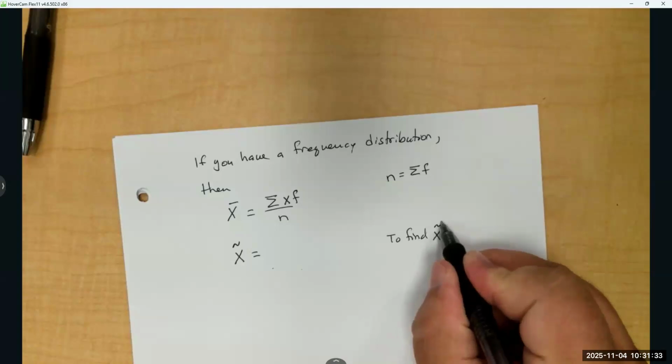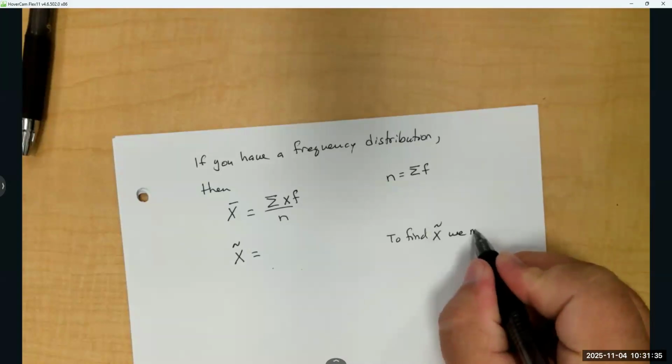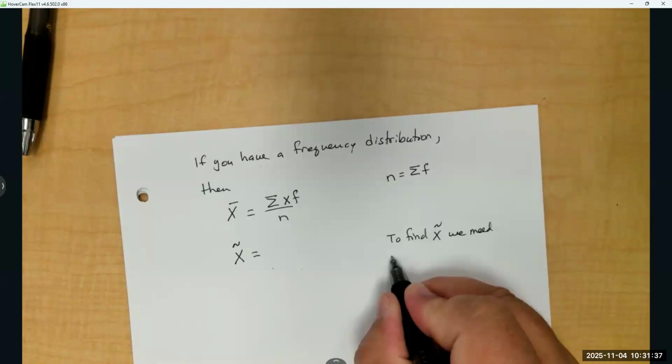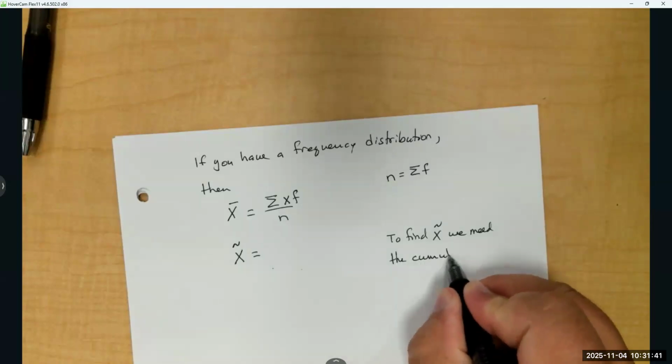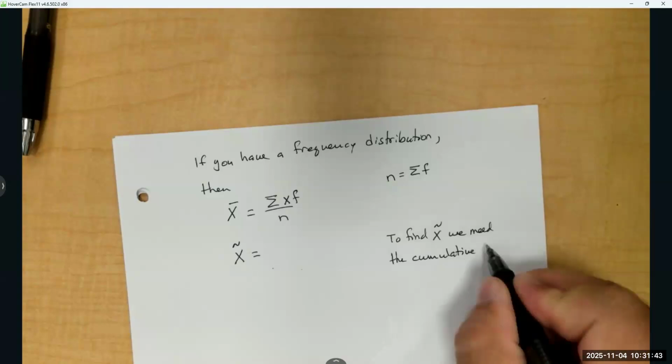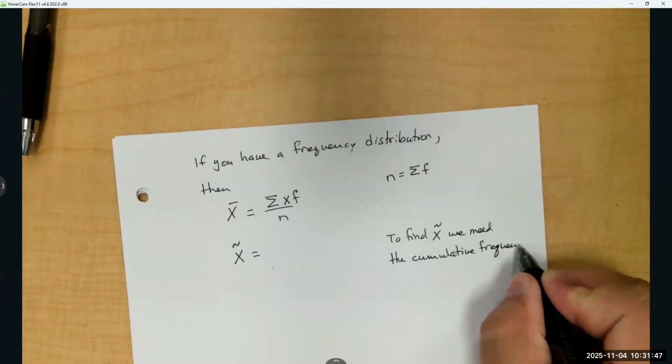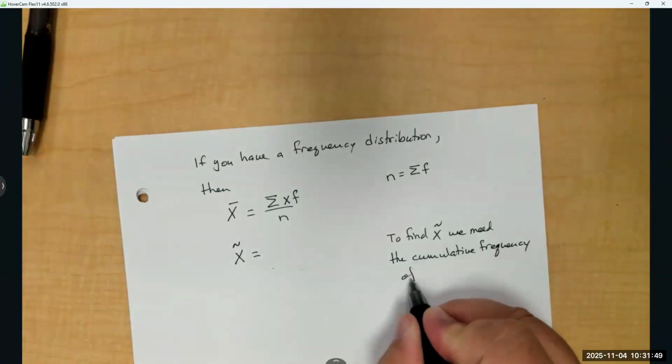To find x tilde, we need to know the cumulative frequency of the data.